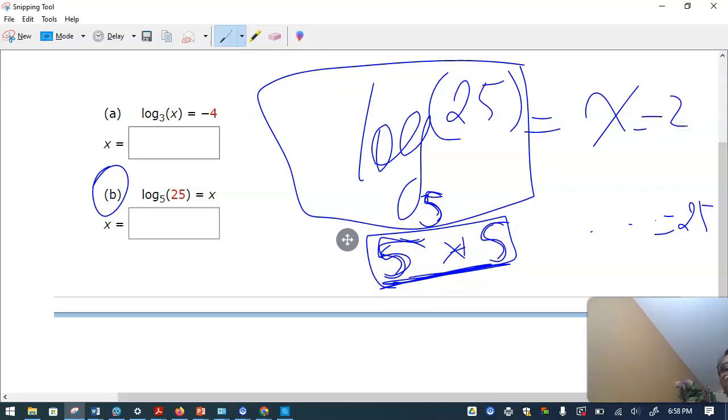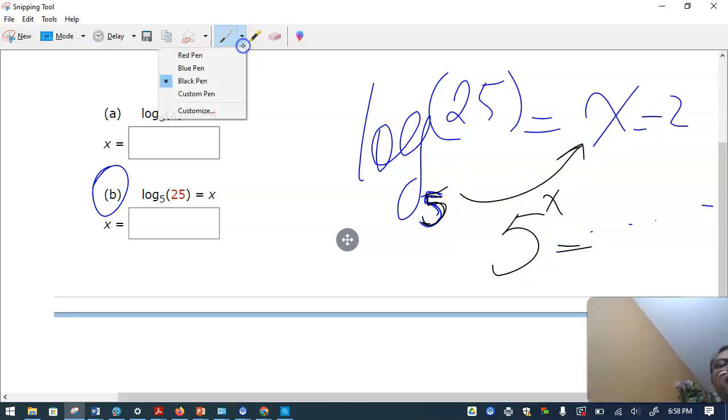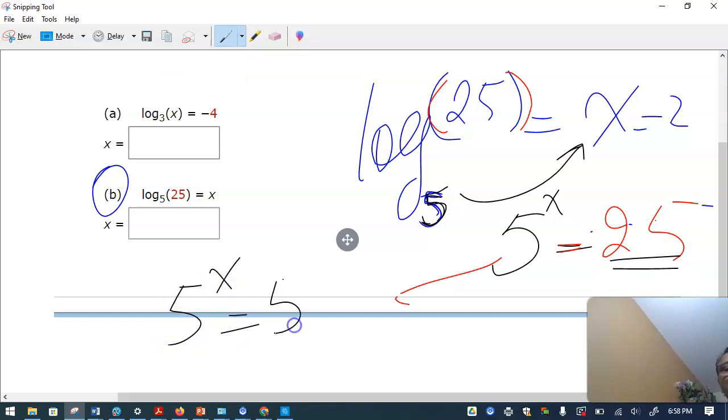You're done. But while showing the steps, you're supposed to write this in exponential form. It's not always going to be so simple, so you need to use this base. Remember the shortcut: this is the base, push this up, that is x, and the input was 25. Then you can write 5 raised to x equals 25, and this 25 can be written as 5 squared.